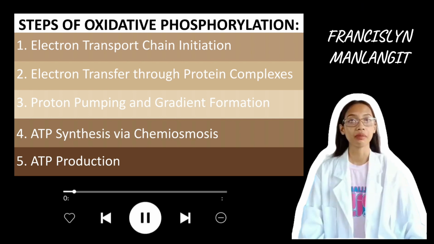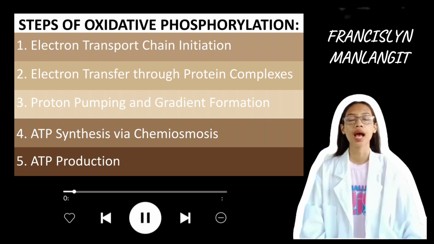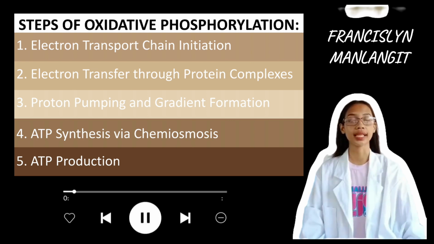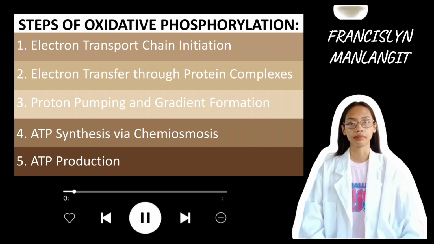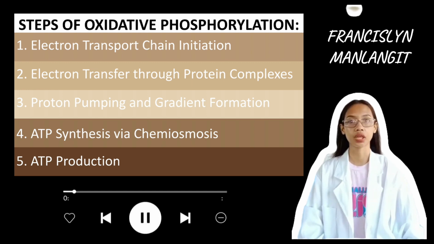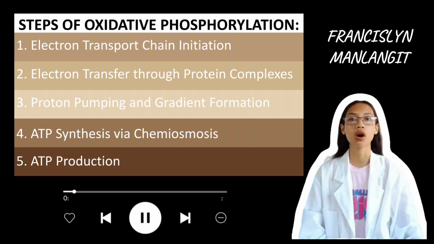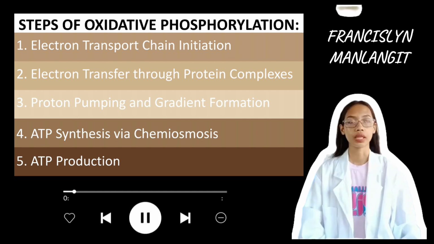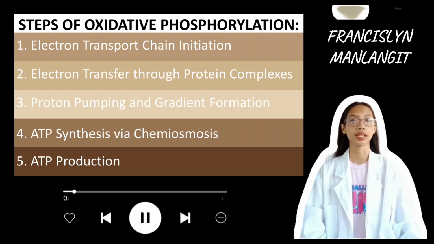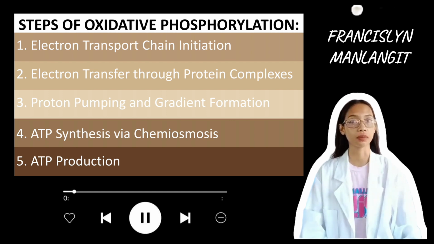We'll explain briefly the steps of oxidative phosphorylation. I will be breaking down each stage into simpler terms. Now, the first step is electron transport chain initiation. The process of oxidative phosphorylation begins with the initiation of the electron transport chain.